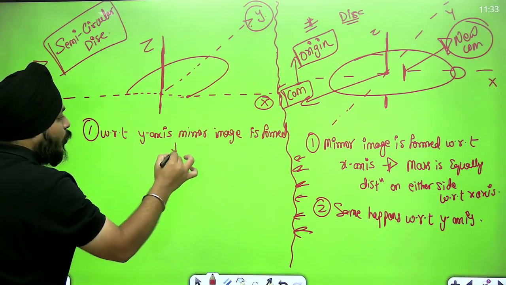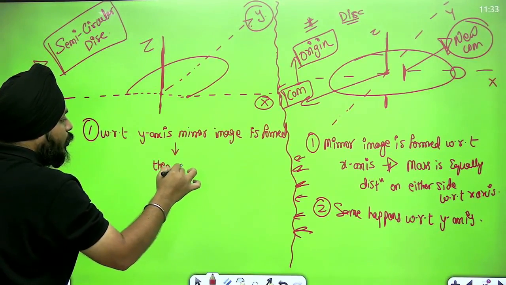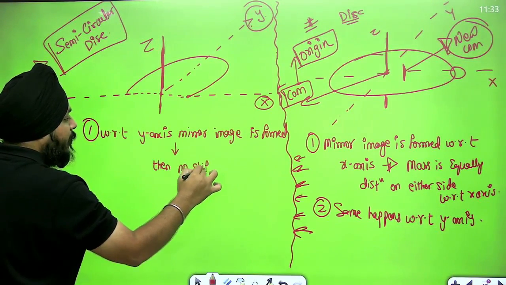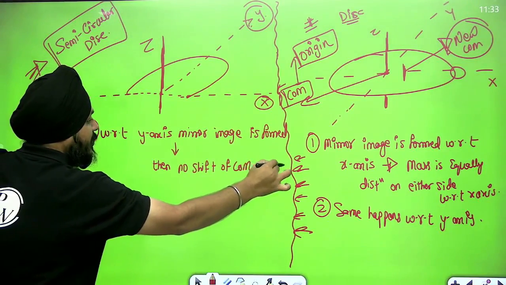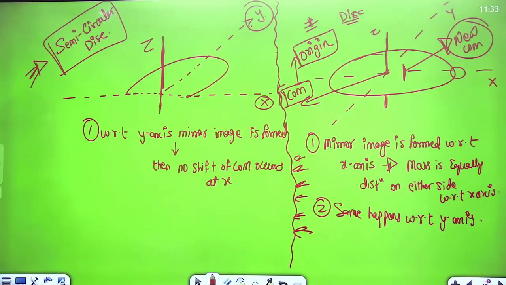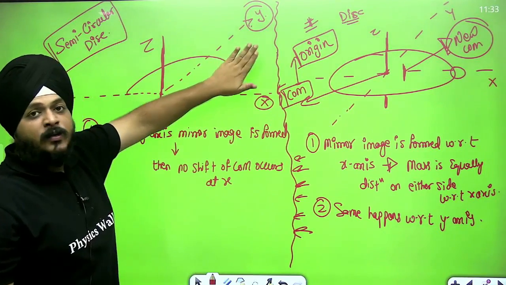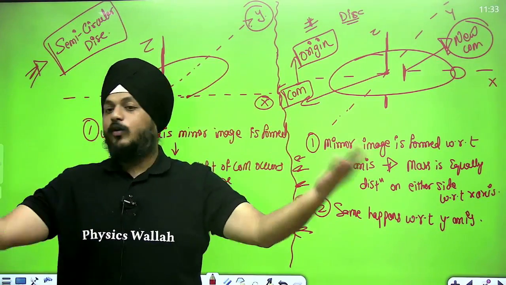If with respect to the y-axis a mirror image is formed, then no shift of center of mass occurs along x. With respect to the y-axis it is formed, right? The left side is equivalent to the right side.